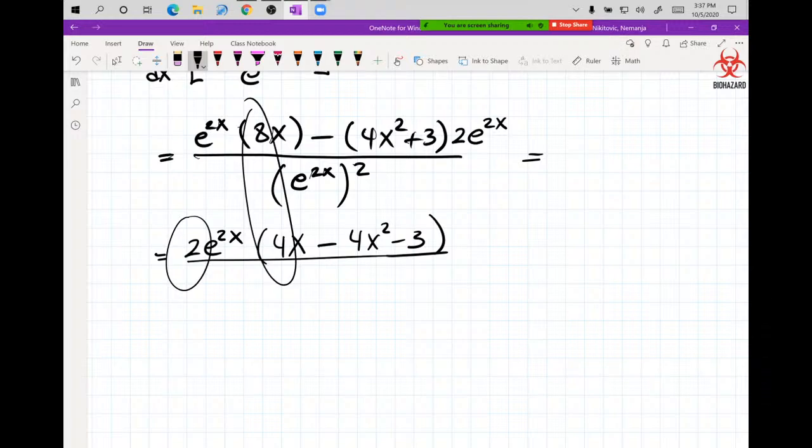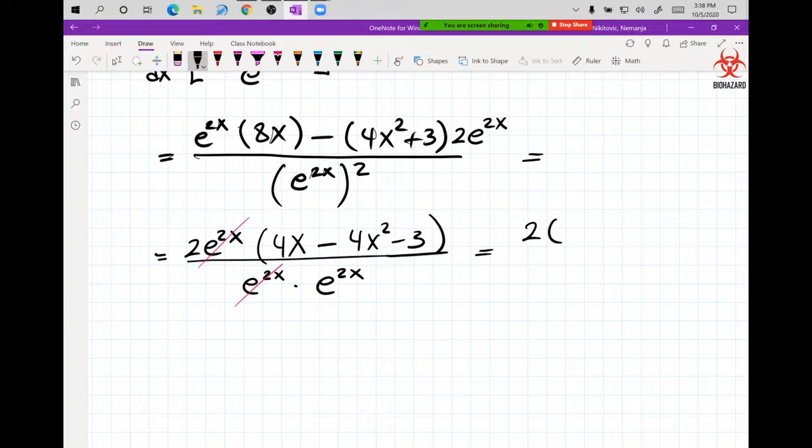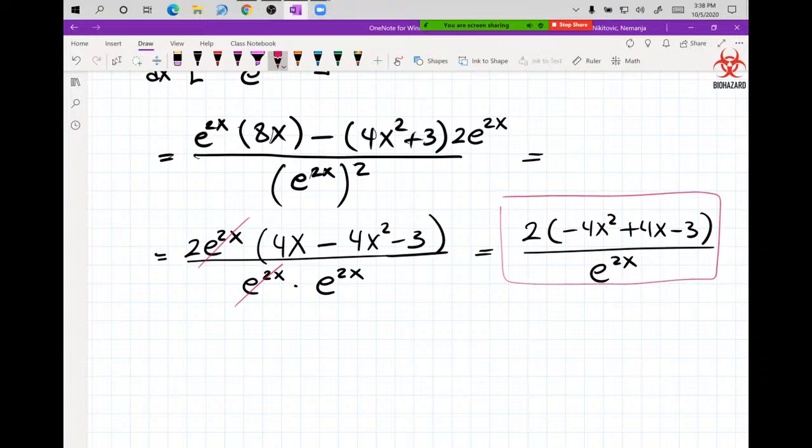And then this 2 becomes the 2 for the second term. So we have that, and then the denominator I am not going to write as e to the 4x. I could, but I'm not, because this e to the x is canceling, as you can see, right? One of these. So we are left with 2 times, and now we can put this in descending order, divided by e to the 2x. You can still pull out a negative, so your x squared becomes a positive value, but whatever.